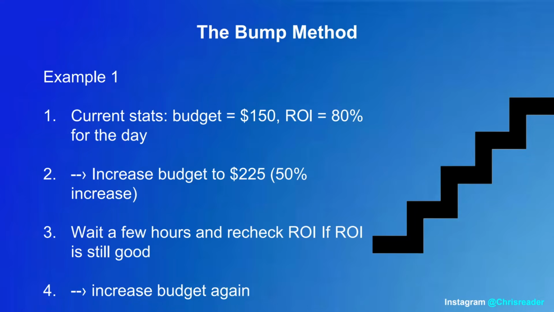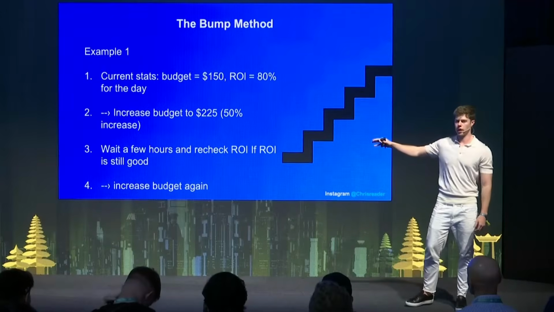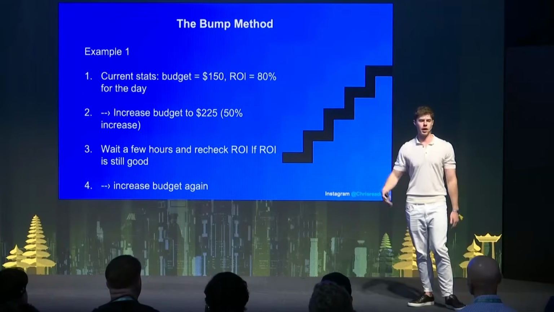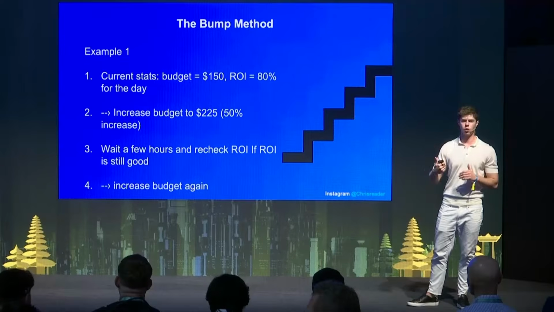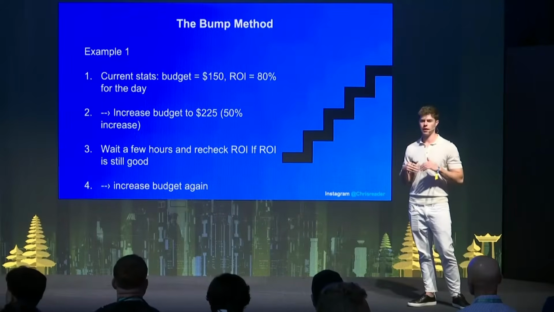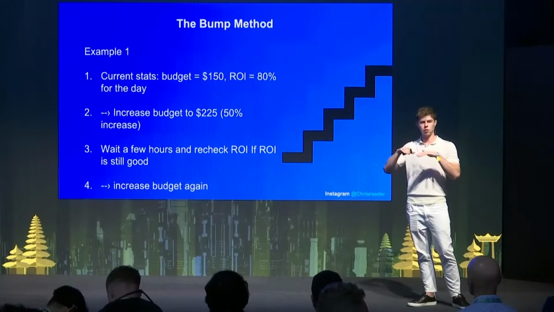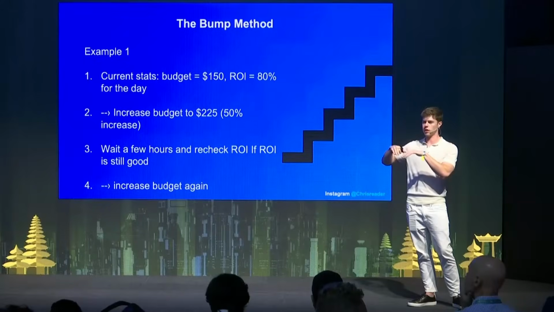And another thing as well is, while you're scaling it like this, if the ROI does drop, since we are testing 3 ads and finding a winner, you can always be putting more ads into the evolution method while you're scaling. So if you have an ad that's performing and then it's maybe at 50% ROI as you're increasing it, you can duplicate it and then throw in another hook or another opening scene, and then you can basically be testing while you're scaling, and you can find multiple winners as you're scaling up.